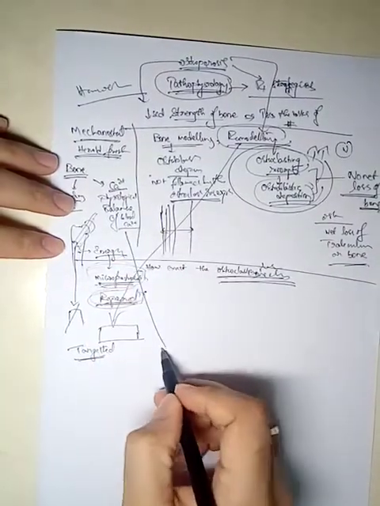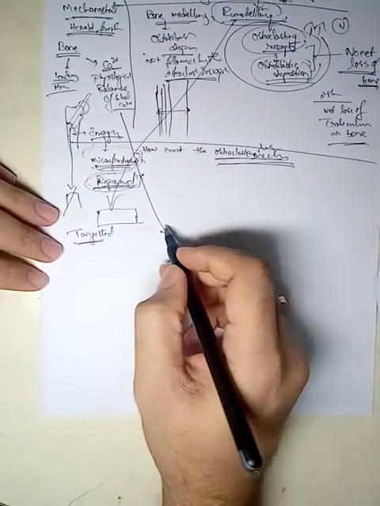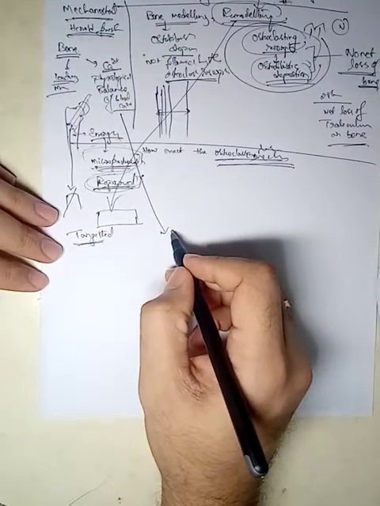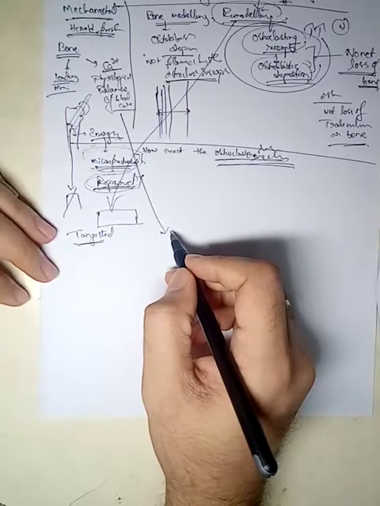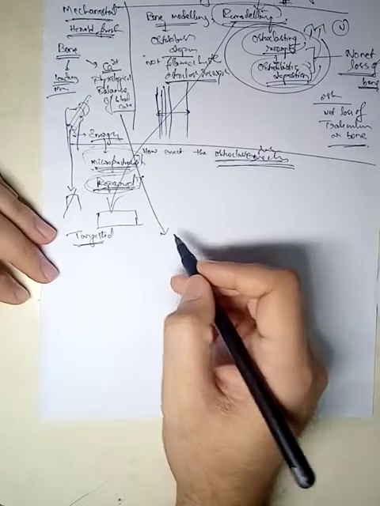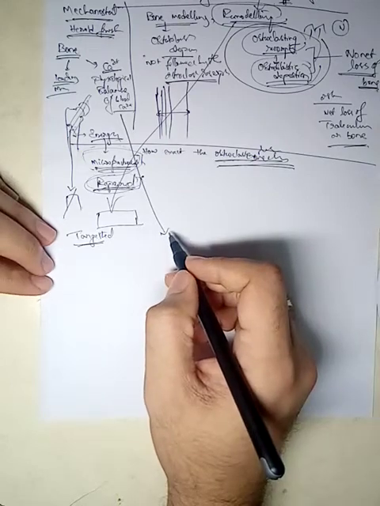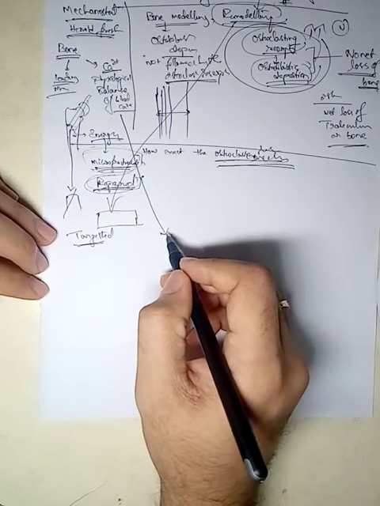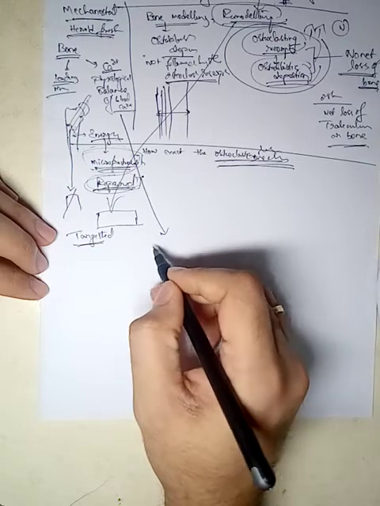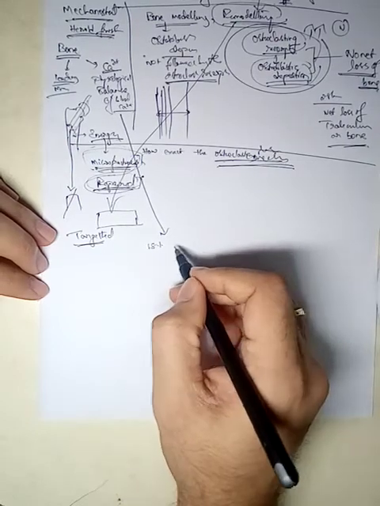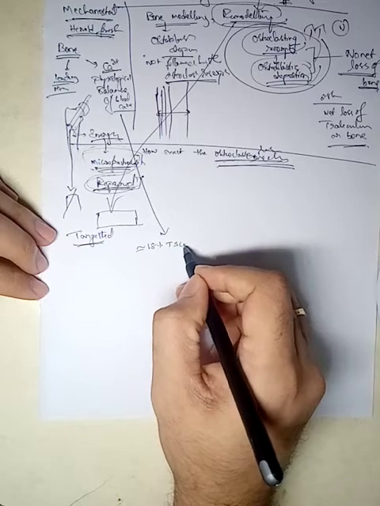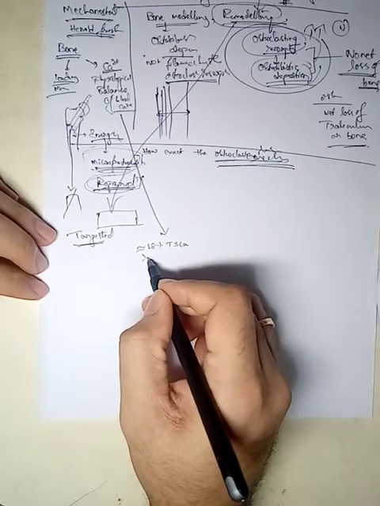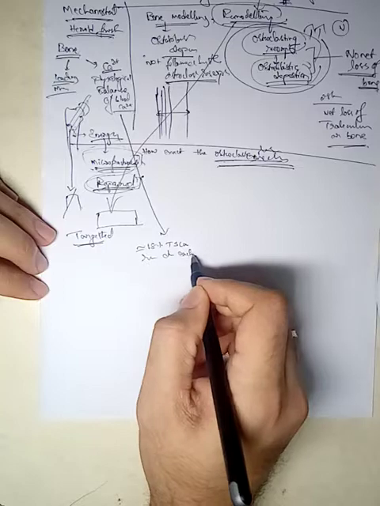And how the physiological balance of blood calcium is maintained: through various radioisotope scans and other investigations, it is found that around 18% of total skeletal calcium is resorbed and deposited each year.